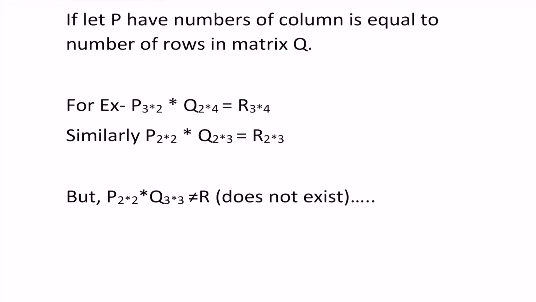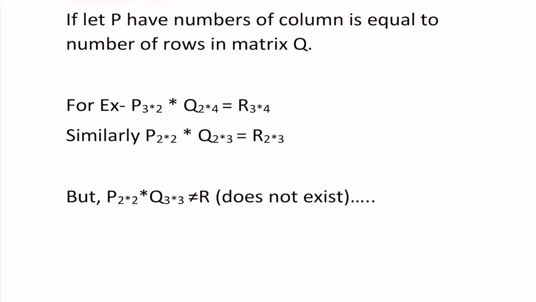Similarly, for P of 2 by 2 and Q of 2 by 3, P has 2 columns and Q has 2 rows, so it is also going to be formed. R of 2 by 3 is formed, as P has 2 rows and Q has 3 columns.